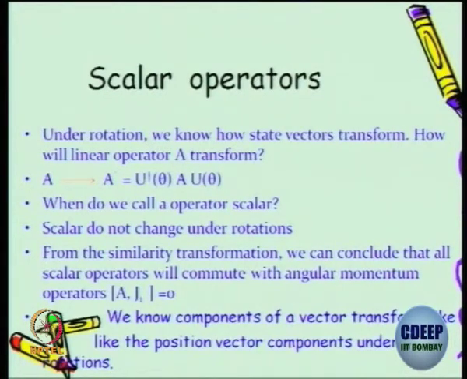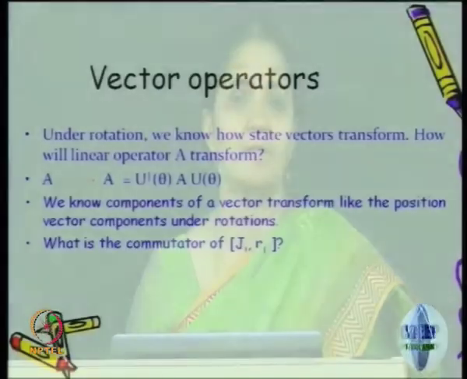Even amongst the vectors, there are some more distinctions. Those which change under parity and those which don't change under parity are polar vectors and axial vectors. Let's not get into that. At least for proper rotations, there is no difference. And under proper rotations, any vector will transform like components of a position vector. This you know from classical mechanics.